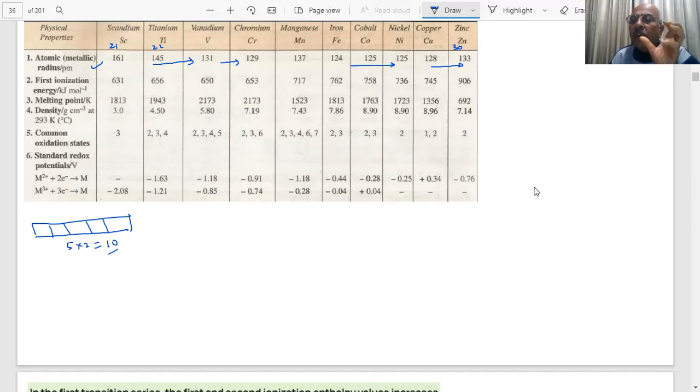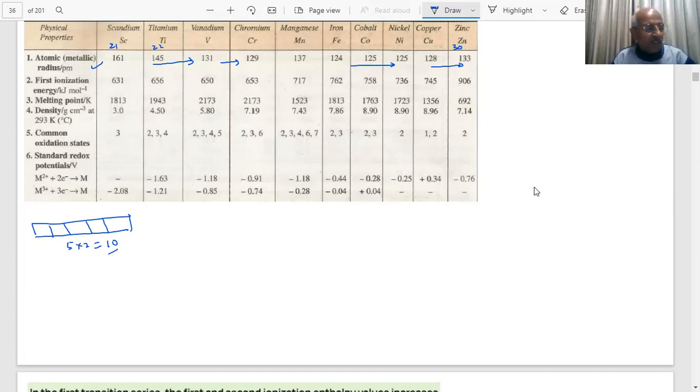The screening will try to increase the size and the attractive nuclear charge will try to decrease it. As you put more and more electrons in 3d, the screening becomes more and more electron repulsion takes place, and they push the outer electron away from the nucleus.